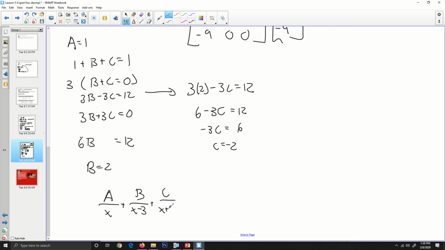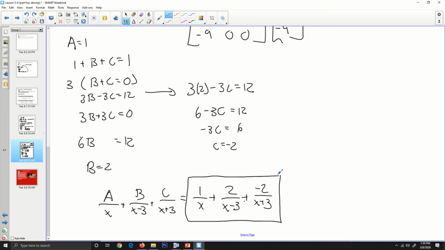C over x plus 3, and now I know that a equals 1, so I've got 1 over x. I know that b equals 2, so 2 over x minus 3. And I have c equals negative 2, so I can put a negative 2 there, or I could have made that one negative, doesn't matter. X plus 3 over there, and there is my partial fraction decomposition for that set of fractions.